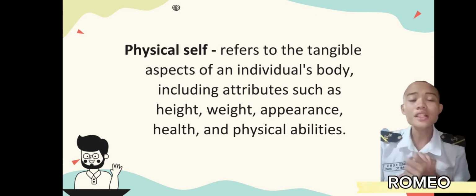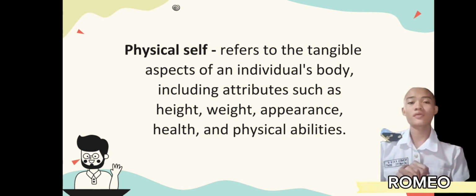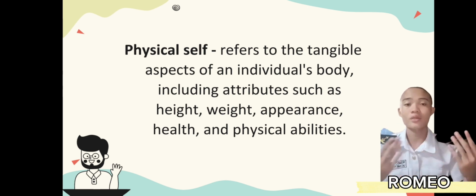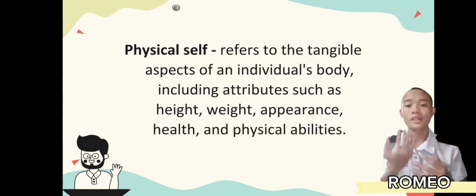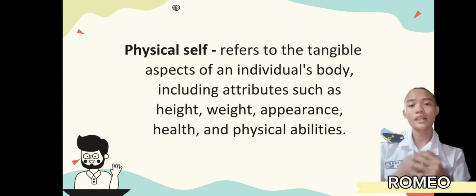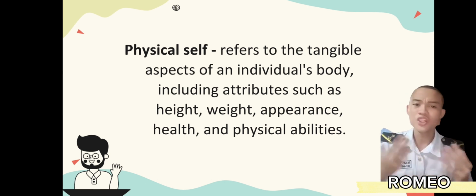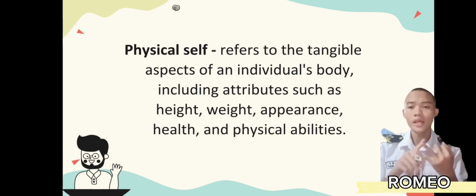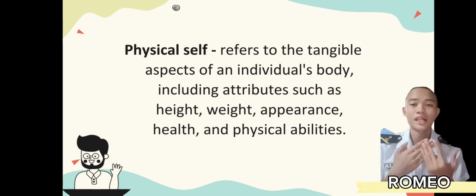So, physical self is something that is tangible, which means that it can be seen by others and what you can see in yourself by just looking into the mirror. This includes the attributes that you can see, like height, weight, appearance, and health, and physical attributes of each individual.